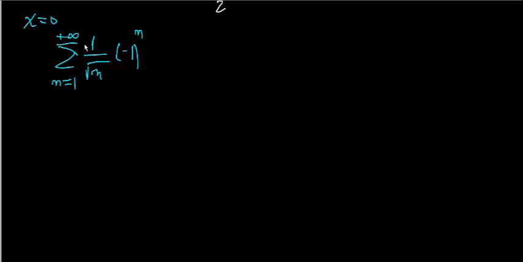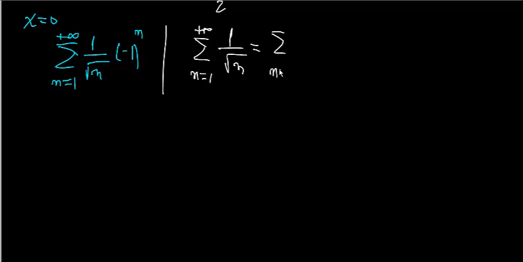And this is an alternating series, as you can see. If I take the absolute value of this series, it would become the series where n begins at 1 to infinity of 1 over square root of n, which is the same as the series of 1 over n to the exponent 1/2.